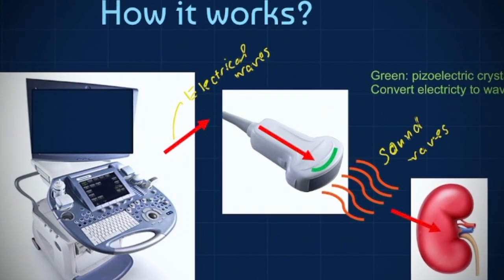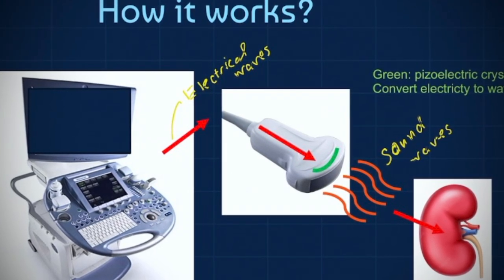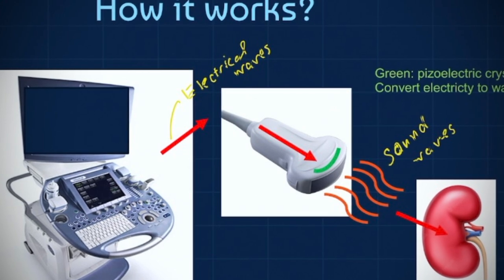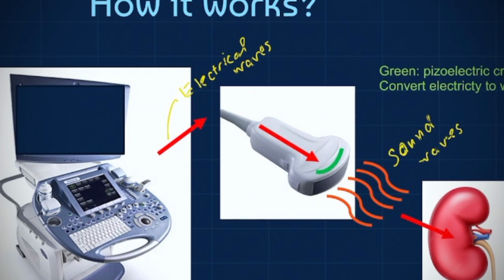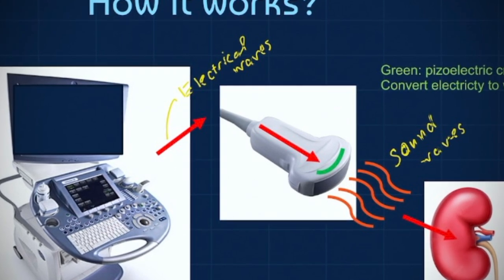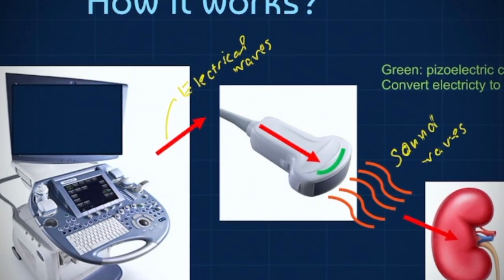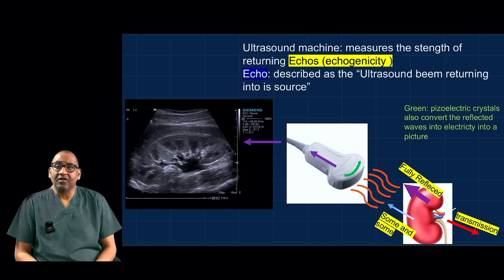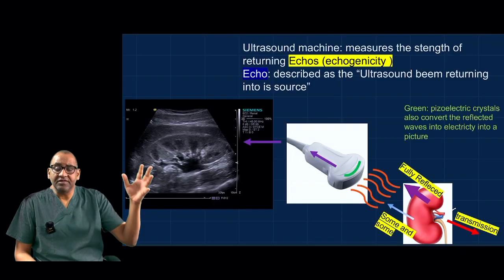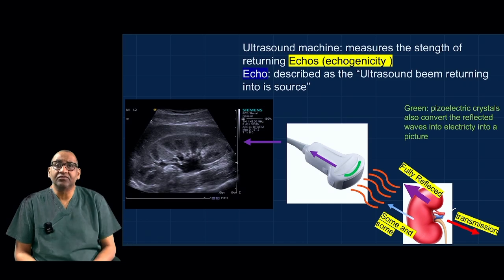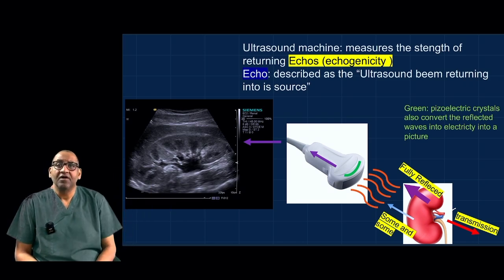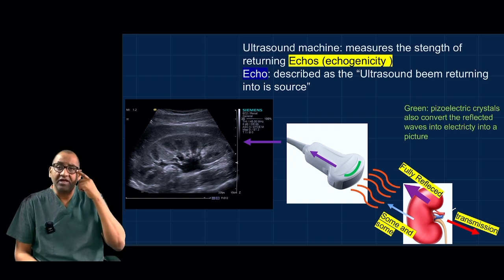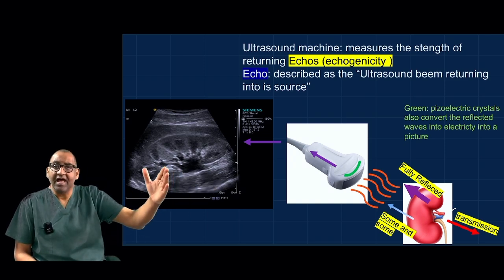There are piezoelectric crystals that convert these waves into sound waves, which will travel through the medium. And obviously, these piezoelectric crystals will receive the echo, which will come from the medium.